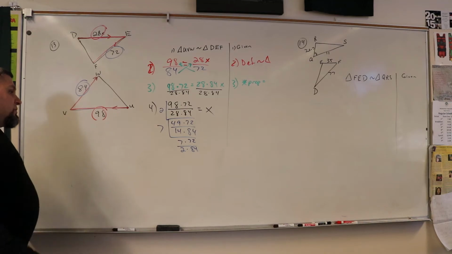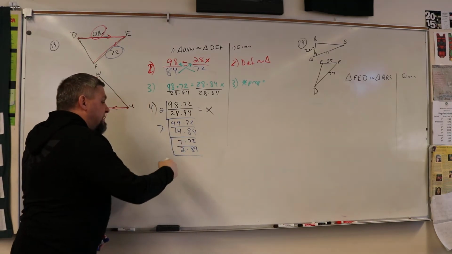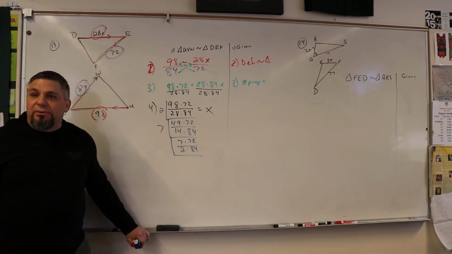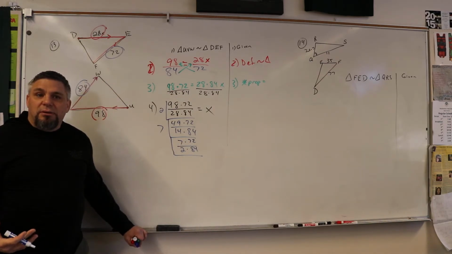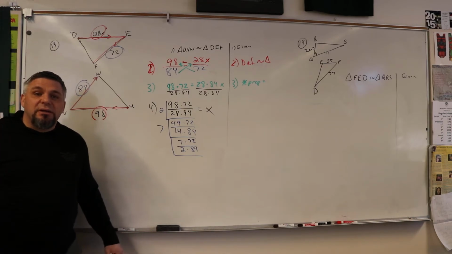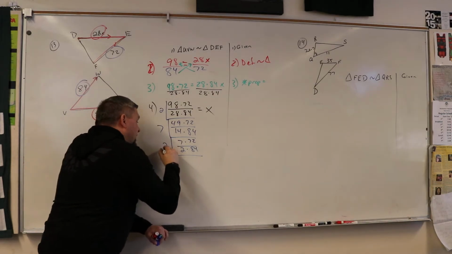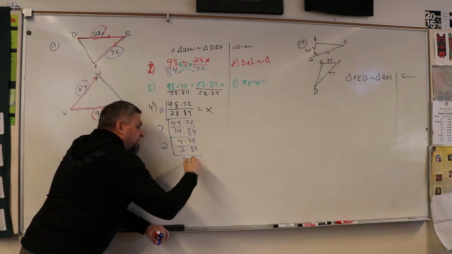Okay? So now let's think, can I take the 2 out of the 72? I'm going to start trying to get rid of numbers, in other words. So will 2 go into 72? Yeah. So I can pull a 2 out of 72 and get 36.